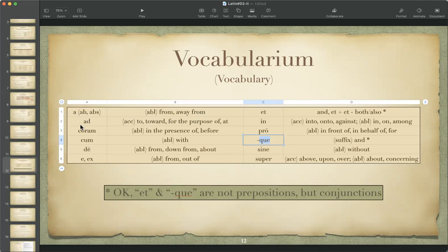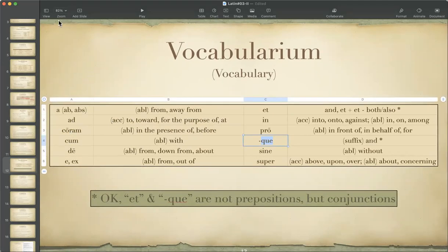The opposite is ad, which takes the accusative, which means to, towards. It can also mean for the purpose of and at. And as we see it in more contexts, you'll be able to see that that's really all related together. May not seem right at the moment, but it'll be a little clearer later.